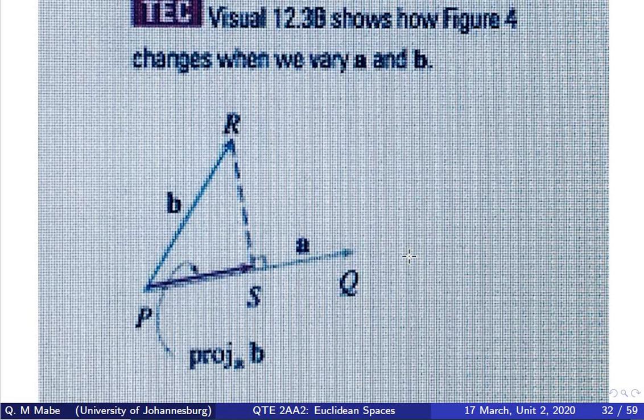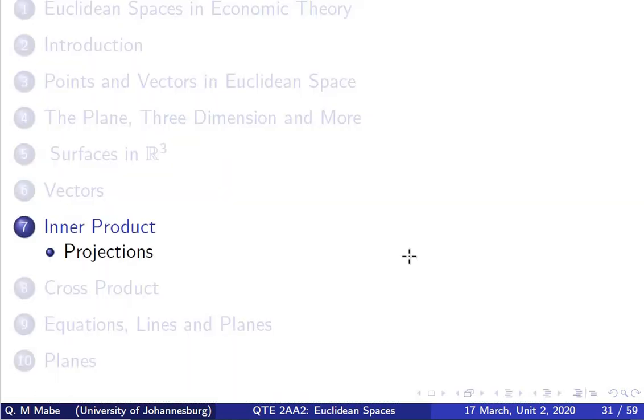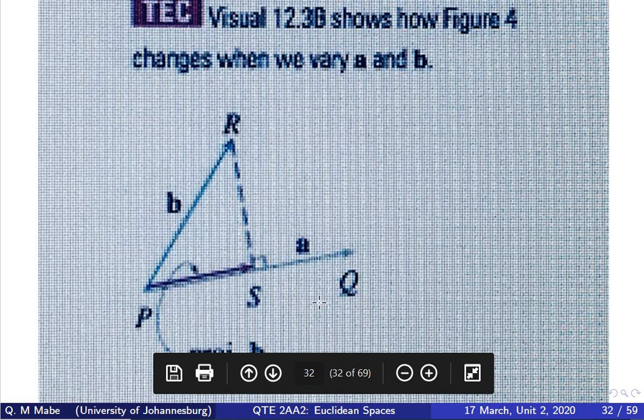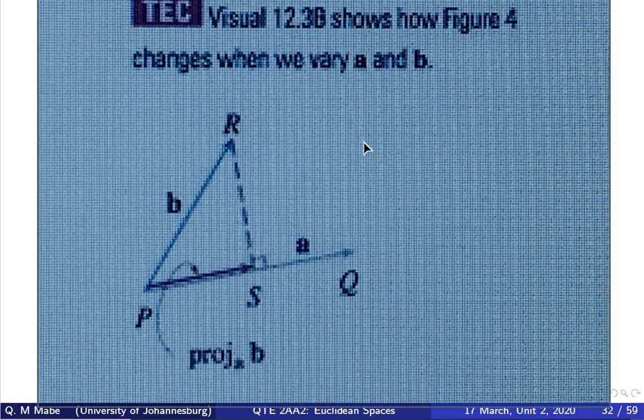Then we move on to projections of vectors, right? So if we have our triangle here, the projection of A onto B is a vector, right?